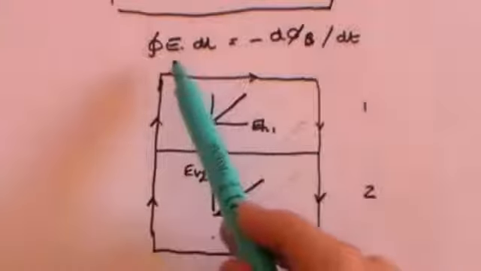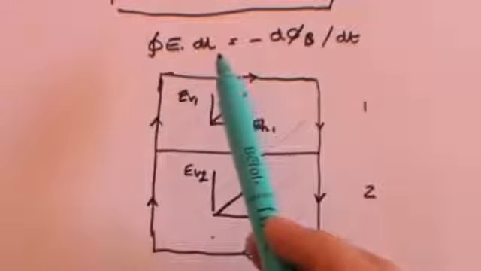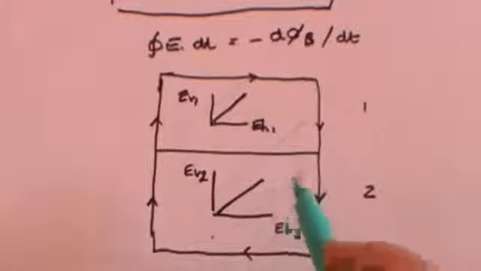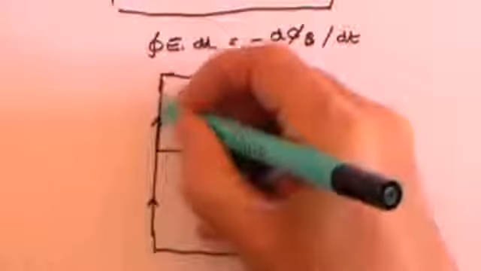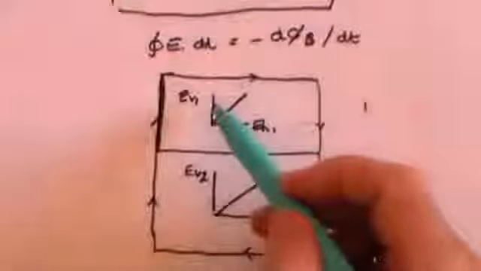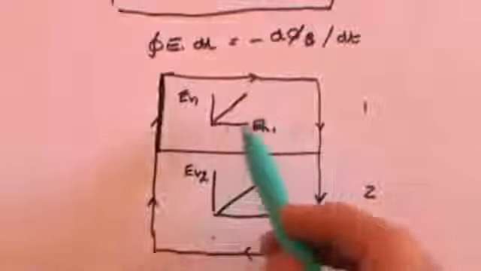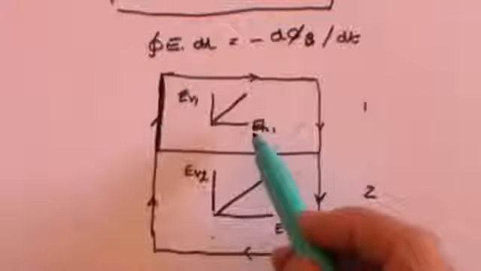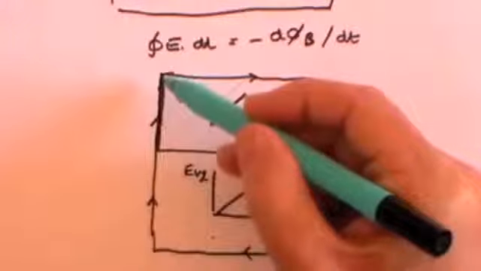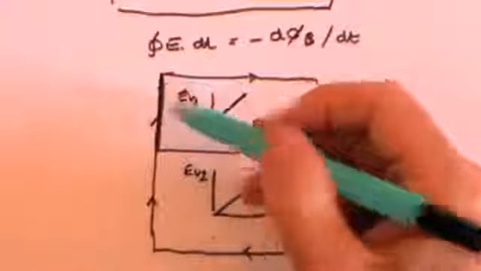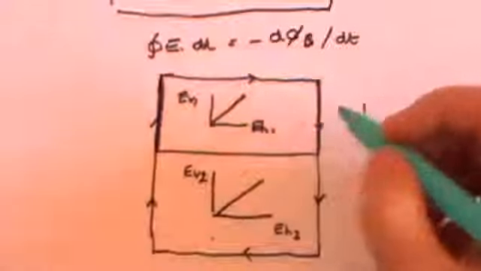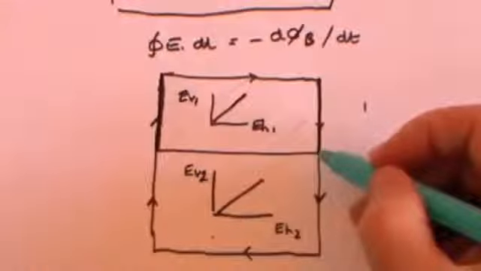It's a dot product, E dot dl, so there will be no dot product if two vectors are at right angles to one another. So let us first just think about my journey from here to here. The only E vector that's going to apply is EV1 because EH1 is perpendicular, so there will be no dot product. So there will be an EV1 term that will come out of this journey here. But whatever that is, it will be exactly balanced by the return journey here.